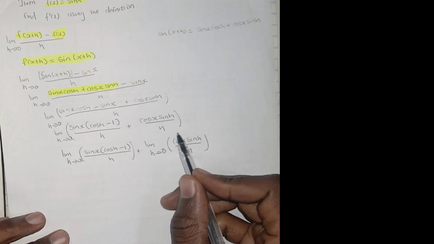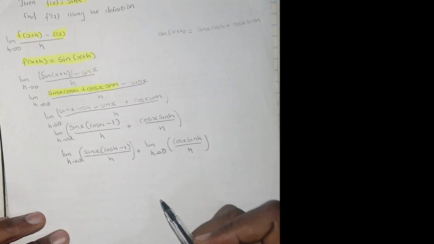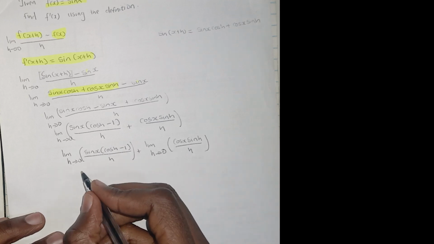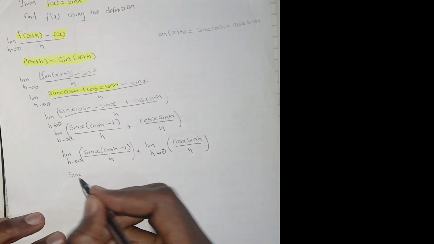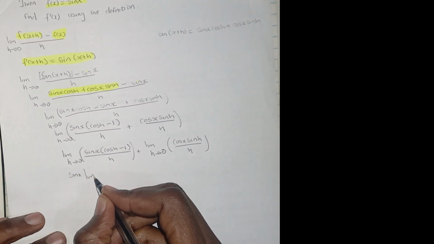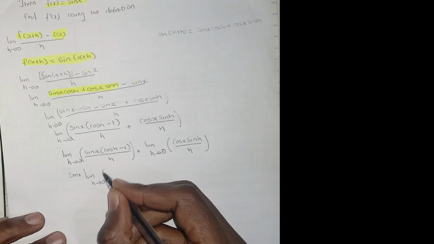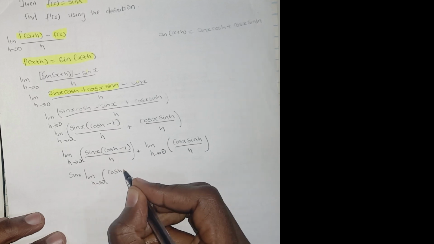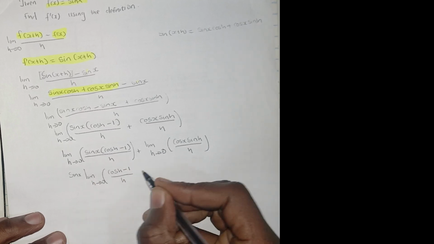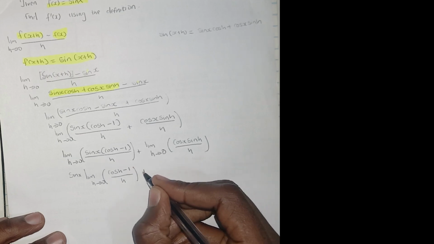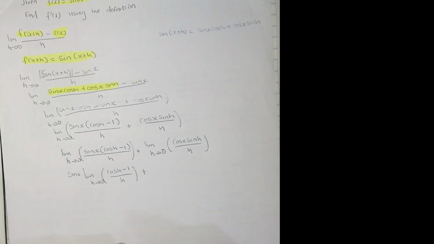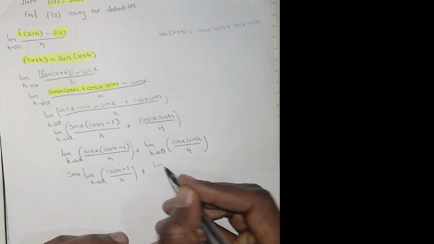So now sin x, lim h approaches 0, cos h minus 1 divided by h. Sorry about that. Right, then lim h to 0, right?